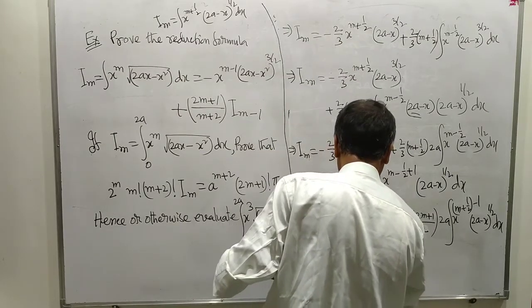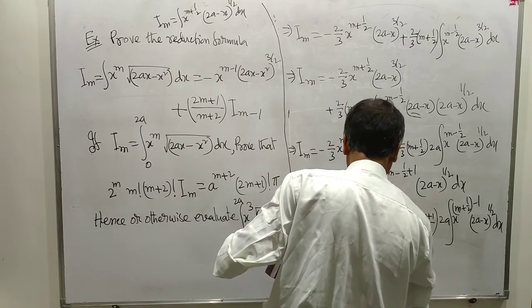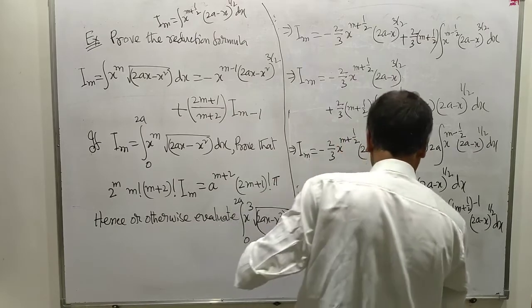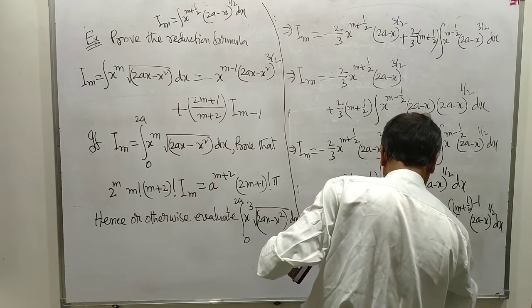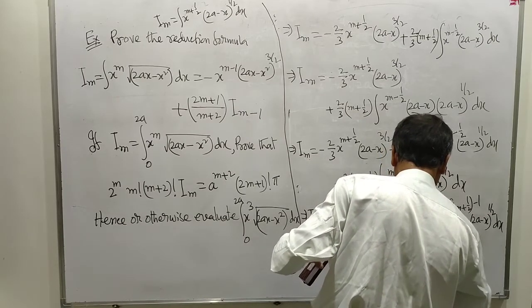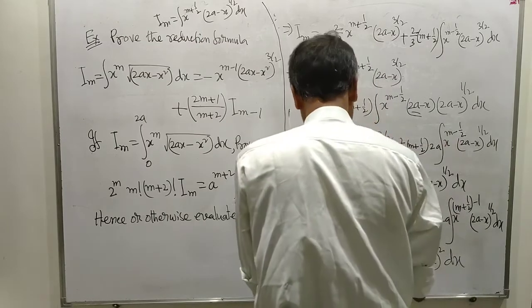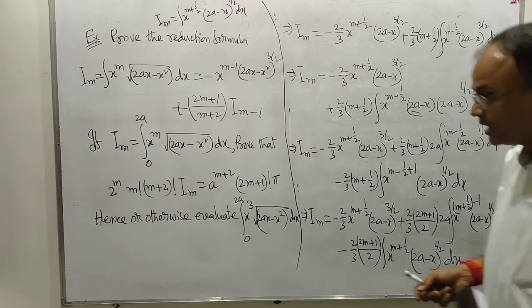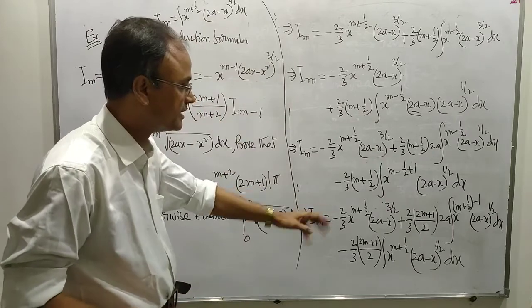This is equal to minus 2 by 3 into twice m plus 1 divided by 2, the integral of x to the power m plus half, (2a minus x) whole to the power half dx. Thus write down.